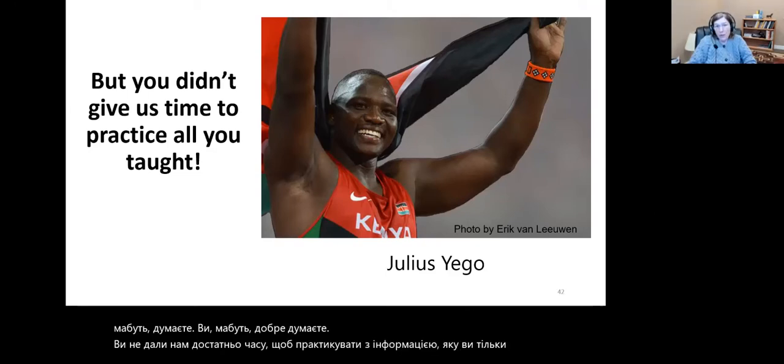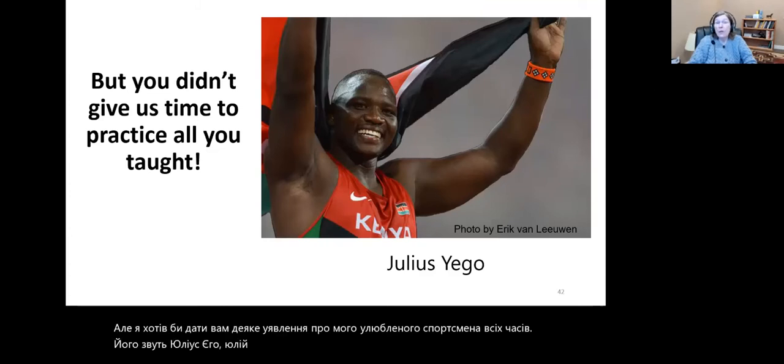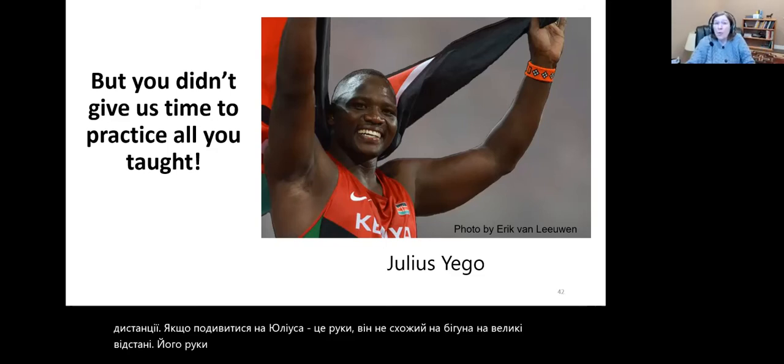But I would like to give you some insight on my favorite athlete of all time. His name is Julius Yego, and Julius is from Kenya. Kenya is very well known for their long distance runners. If you look at Julius's arms, he does not look like a long distance runner. His arms are really quite hefty. And indeed, he always wanted to learn how to throw the javelin.